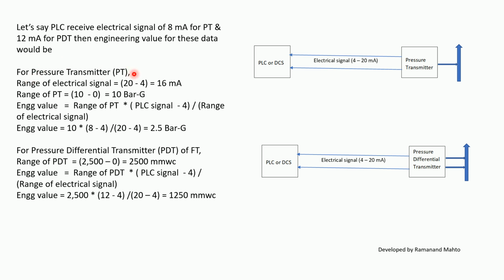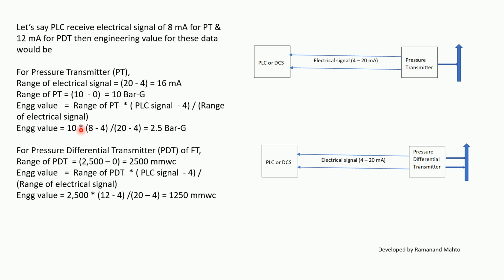For the pressure transmitter PT, the range of electrical signal is 4 to 20, that means 20 minus 4, which is 16 milliamperes. The range of PT is 10 minus 0, so 10 bar. So engineering value is equal to range of PT into PLC signal minus 4 upon range of electrical signal.